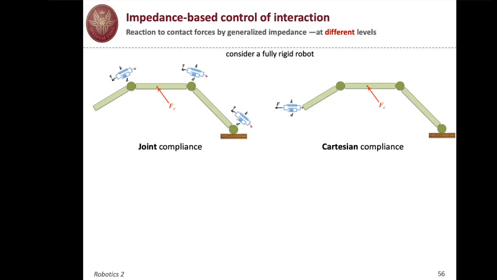So if you have a simple controller which imposes a joint compliance, which means that each joint has a torque controlled with a PD control of some reference position. Suppose that we have to keep the position shown in the picture.